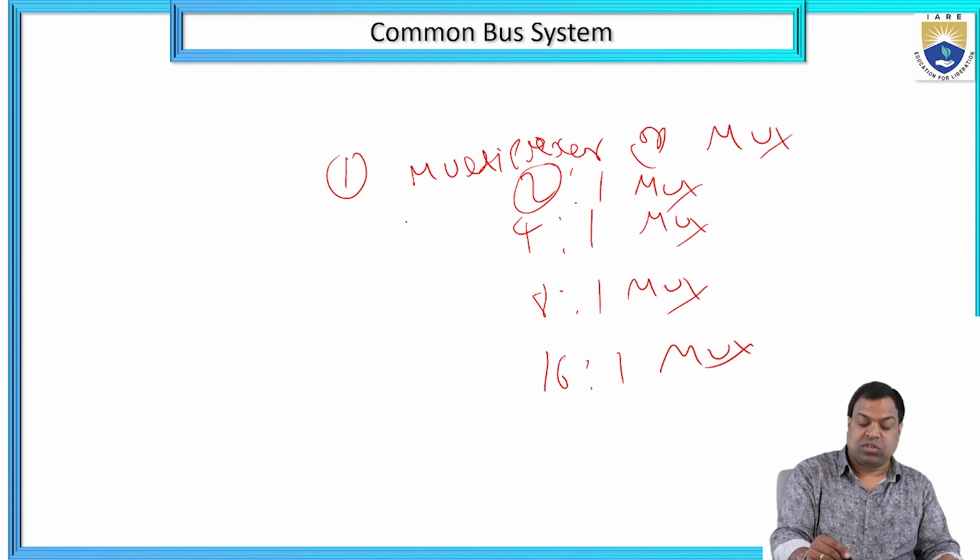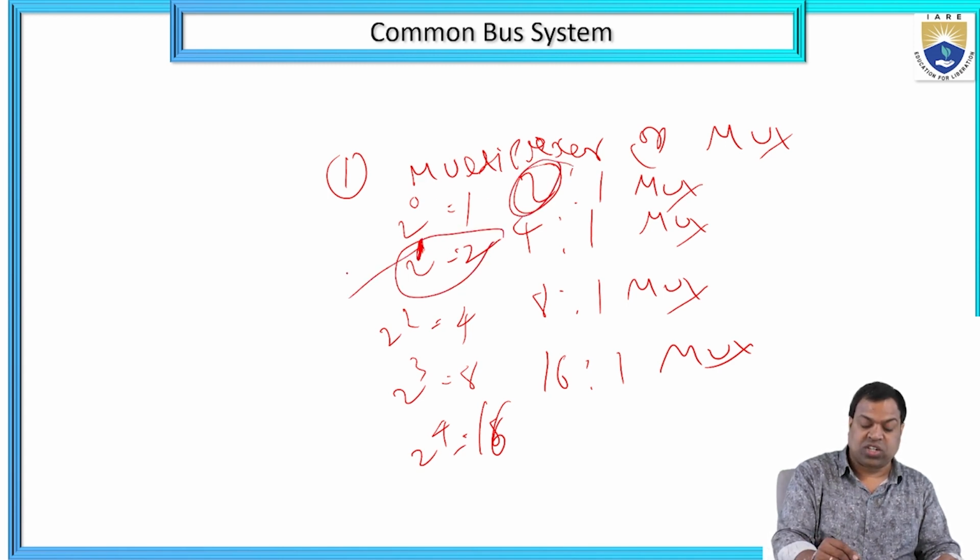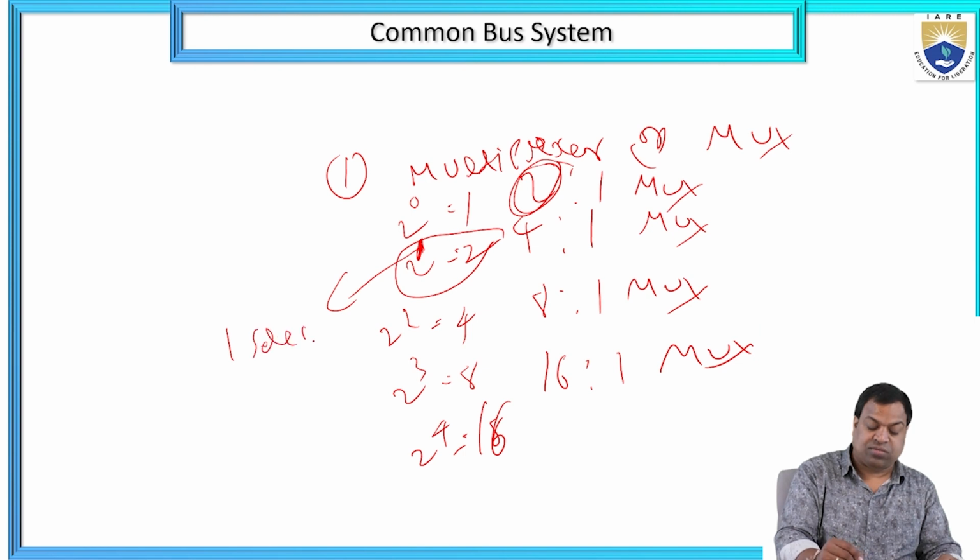So 2 power 0 equal to 1, 2 power 1 equal to 2, 2 square equal to 4, 2 cube equal to 8, 2 power 4 equal to 16. So 2 power 1 means 2 inputs. Here also 2. So how many selection lines? 1 selection line. Here 2 square equal to 4. If I am taking 4, how many selection lines? 2 selection lines.